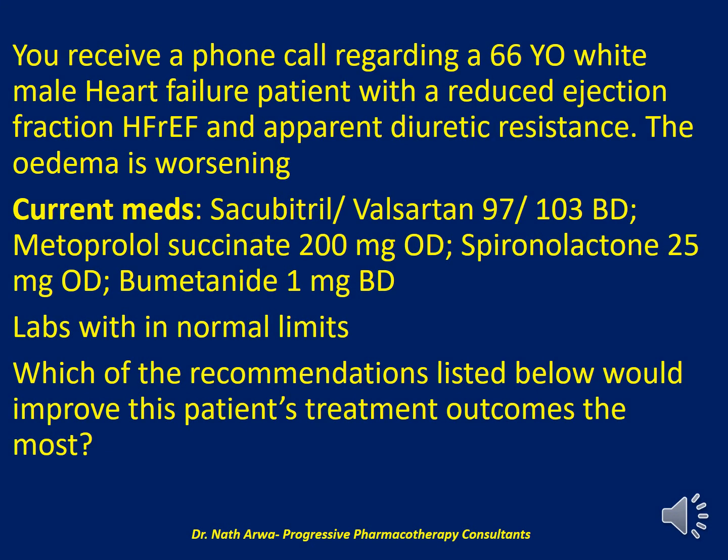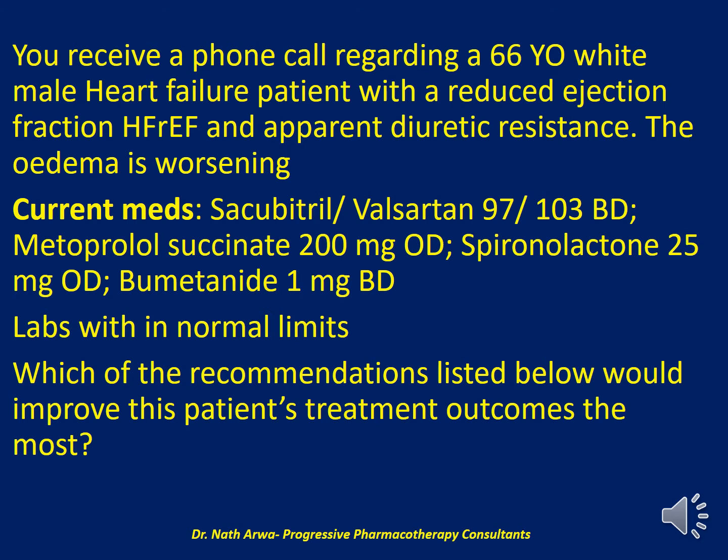You receive a phone call regarding a 66-year-old white male heart failure patient with a reduced ejection fraction. He is in what we call the HFrEF category, and he has apparent diuretic resistance. The edema is worsening.